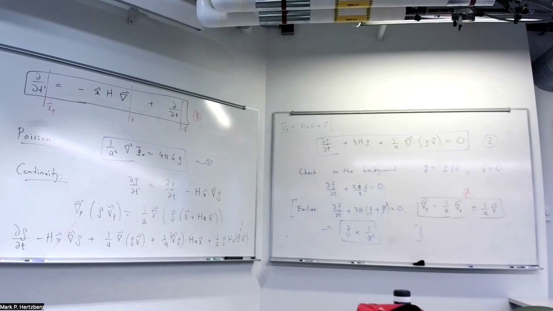And then I have to write down this stuff: peculiar velocity plus background, dotted into the gradient. And the gradient just gets married to a 1 over a. Okay, so that's the left-hand side of this thing. And then on the right-hand side, we just have to put 1 over a's from the gradients, and we're done.